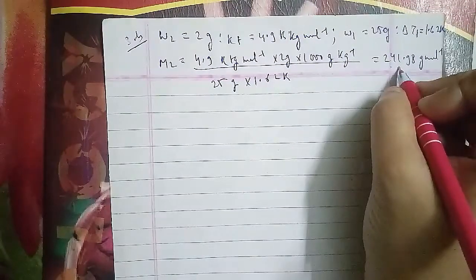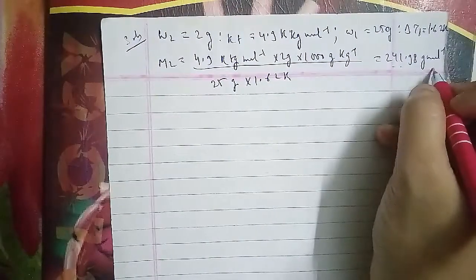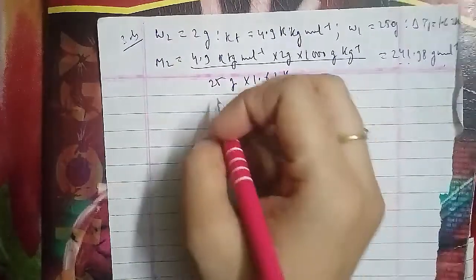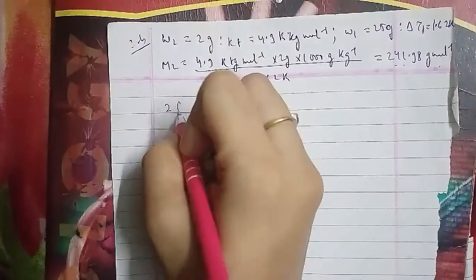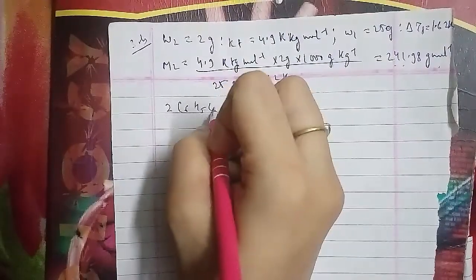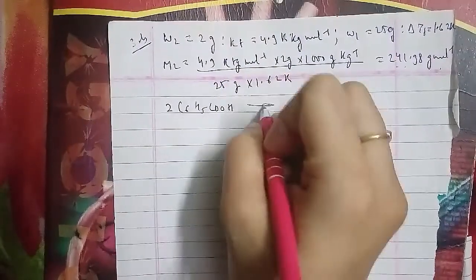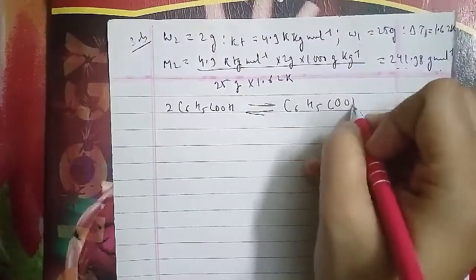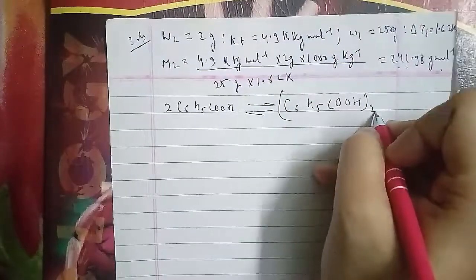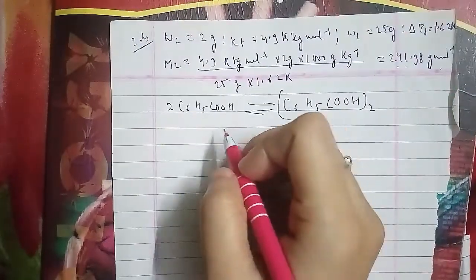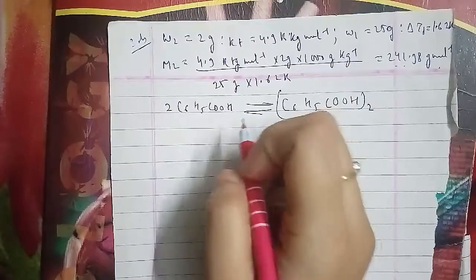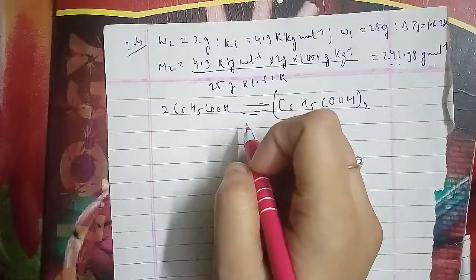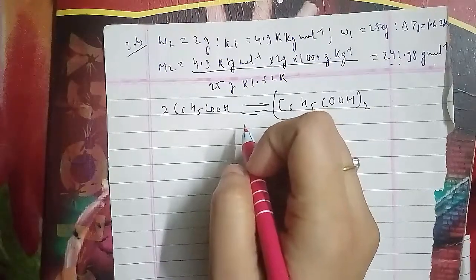Thus, the experimental molar mass of benzoic acid in benzene equals 241.98 gram mol inverse. Now consider the following equilibrium for the acid: 2C6H5COOH gives (C6H5COOH) whole twice. If x represents the degree of association of solute, then we would have 1 minus x mole of benzoic acid left in unassociated form, and correspondingly x by 2 as associated moles of benzoic acid at equilibrium.